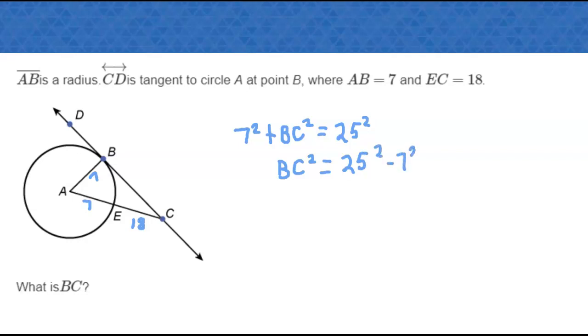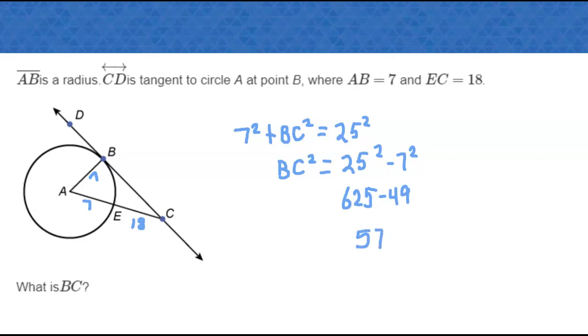Now we can go ahead and square both of these. So 25 squared is 625, and 7 squared is 49. 625 minus 49 is 576.